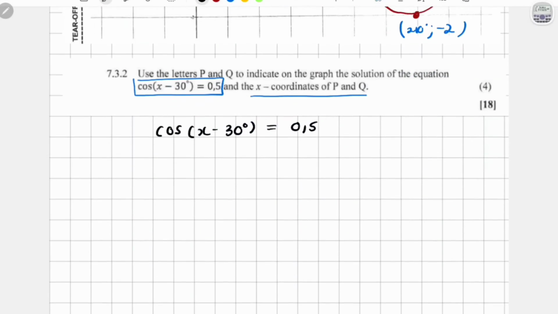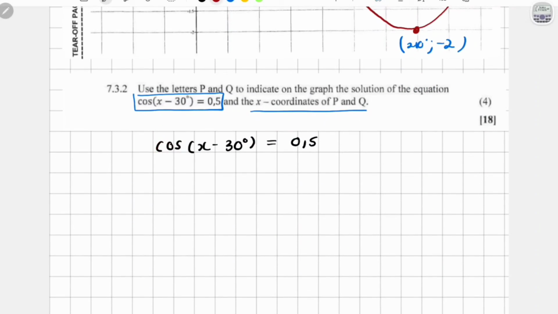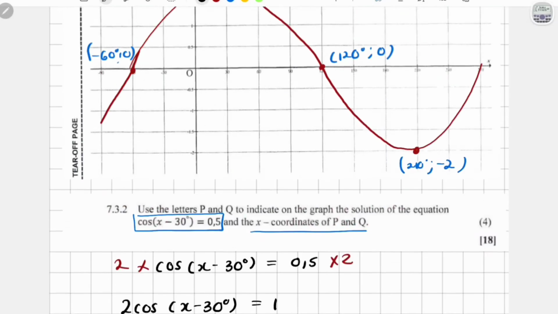I try to make it look like that. So I need that 2 to be back there. So I will multiply both sides by 2, just so that I can see where exactly the solution is happening. So that's 2 cos of x minus 30 degrees, and that's equal to 0.5 times 2. That's a half times 2, and that's 1. So this solution that they're speaking about is happening where the y value is 1, which is here.